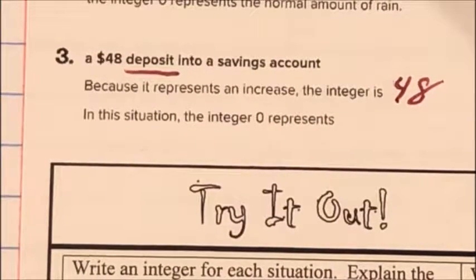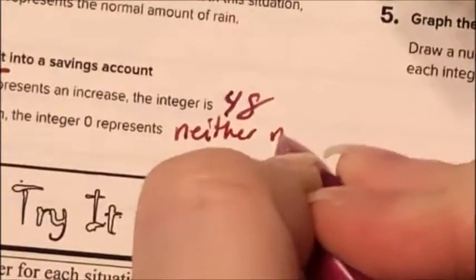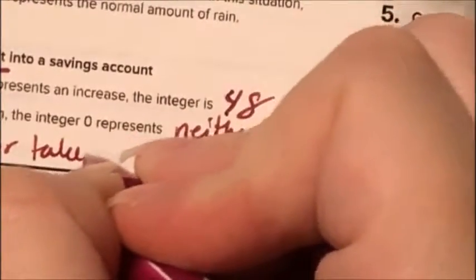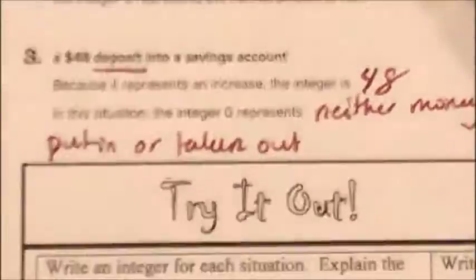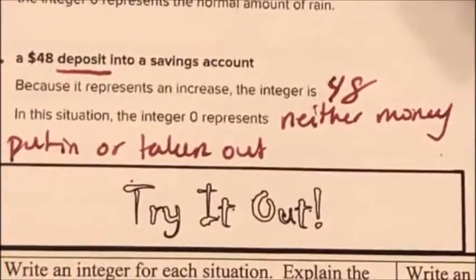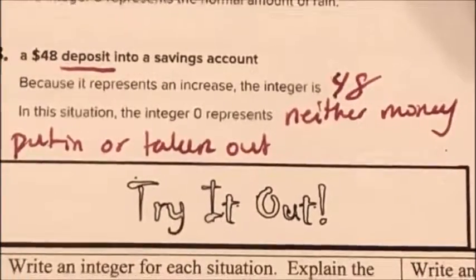And in this situation, the integer 0 represents neither money put in or taken out. Okay, so I didn't put money in, I didn't take anything out. So I didn't deposit or withdraw anything. Okay.